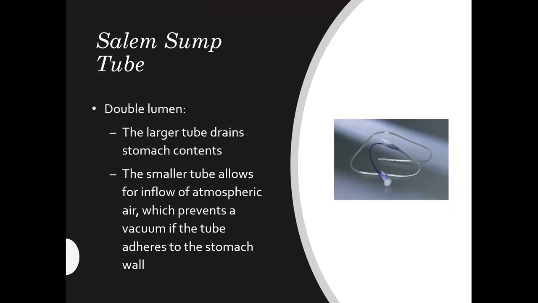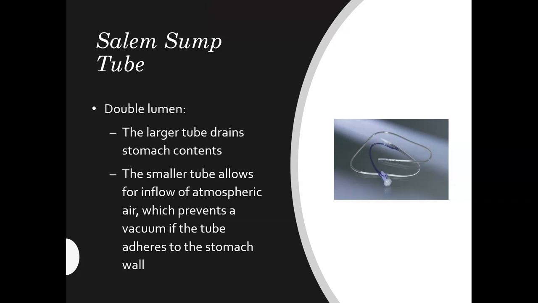So your Salem sump tube, this is your double lumen. This is the one you're probably going to see most commonly, okay? It has a larger tube that's ideal for draining stomach contents. The smaller tube, the blue tube right here, is used for the inflow of atmospheric air.